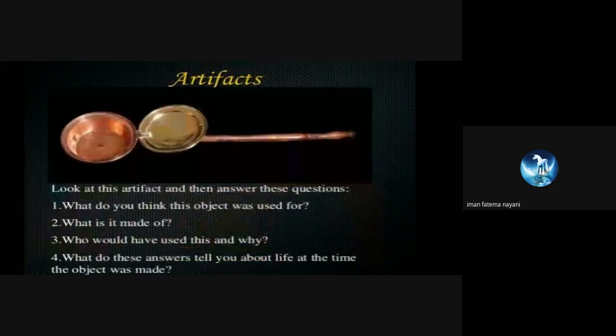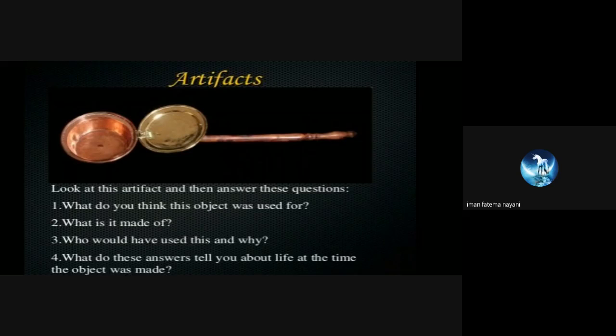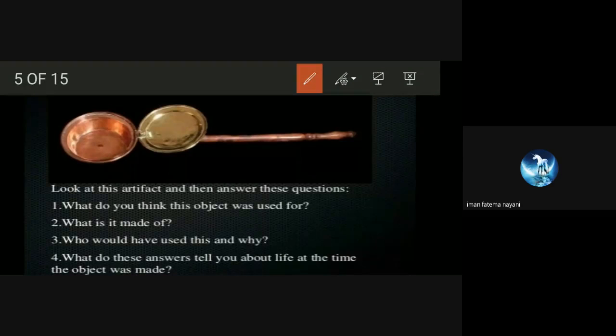Now each object is a different object, it might be used differently. There are different questions: what is this object, what is it made up of, what was it used for, and all this. This object might even have been used in worship of God, or for something else.